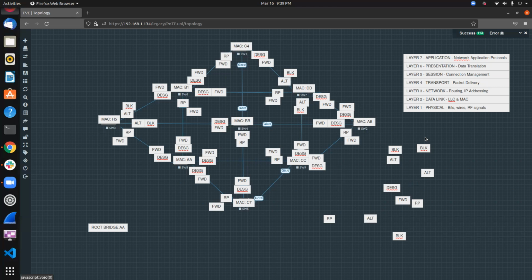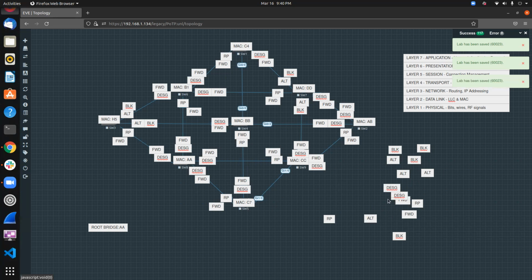And the reason why I'm saying to do that, and I'm asking you a question, is because I'm looking at the bridge ID, excuse me, of MAC CC being higher than C7. So that's why I think I should block GI 10. Do you think that's correct on switch 5?